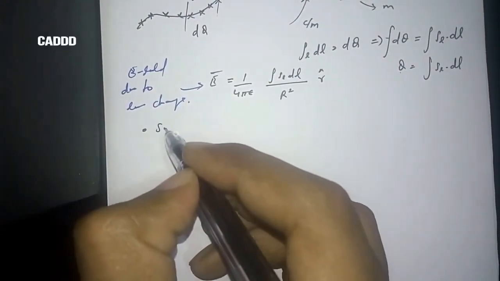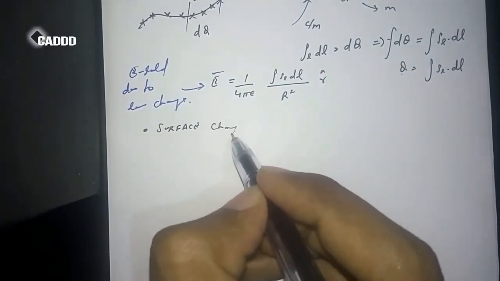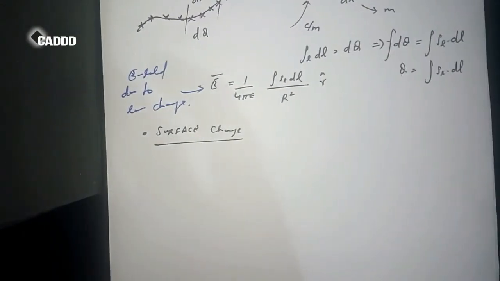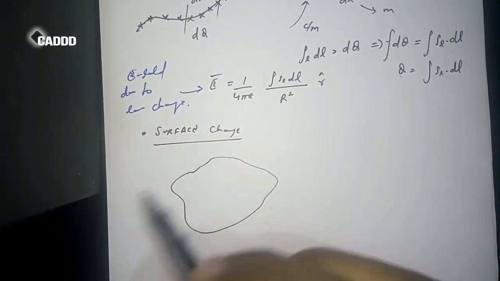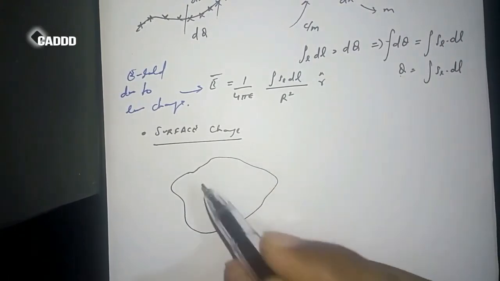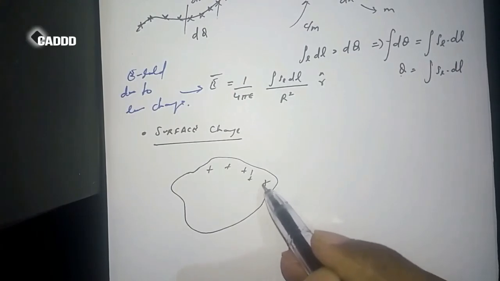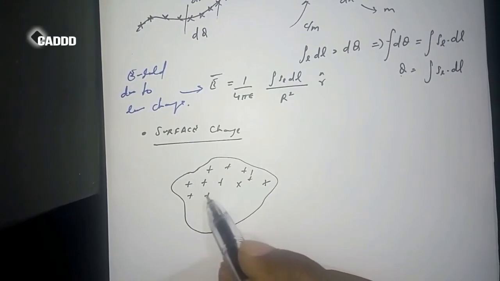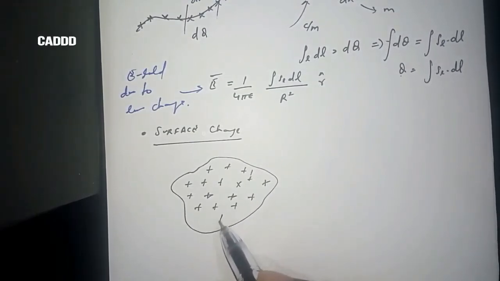Surface charge. Again, as the name says, let's say we have a surface, and it has a uniform charge. We are assuming a uniform charge over the surface.